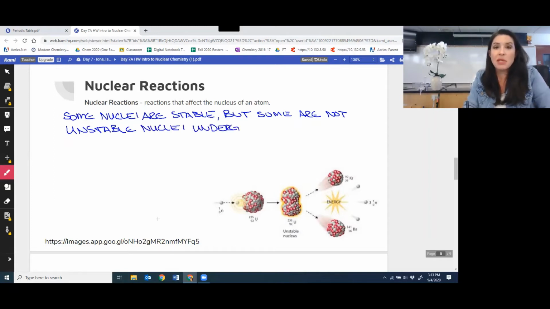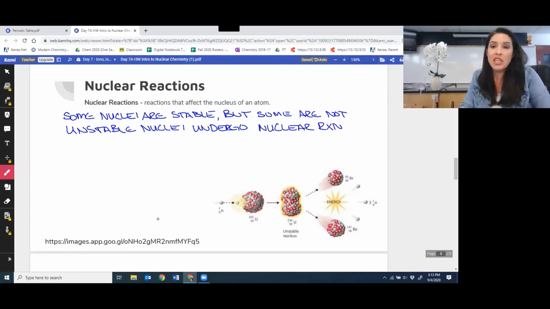And that instability can either be induced, like our example here, a neutron being fired at a particle of uranium. It creates an unstable nucleus that then splits into two smaller elements while releasing a tremendous amount of energy. Or it could be a spontaneous decay. So these unstable nuclei undergo nuclear reactions.